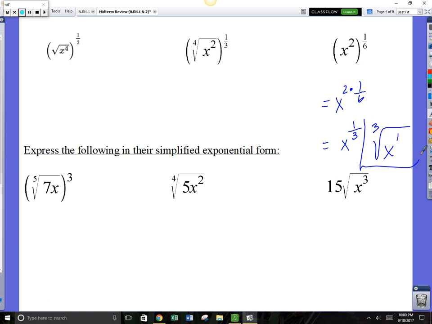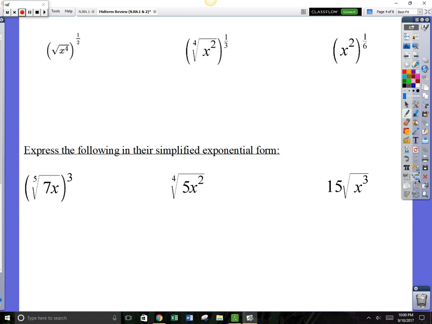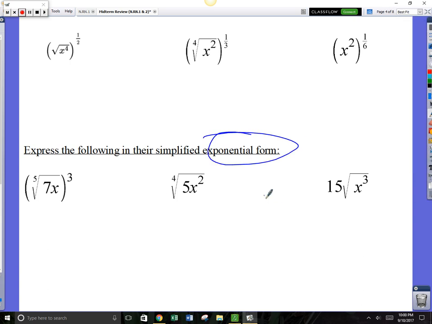So easy cheesy. Okay, these next 3 are given in radical form, and you need to morph them to exponential form. So here we go. I've got the 5th root of 7x cubed. That is the same thing as this. I've got 3 of them.